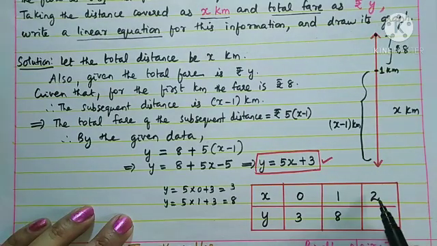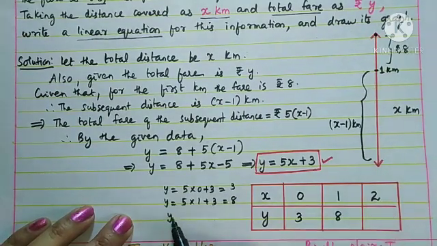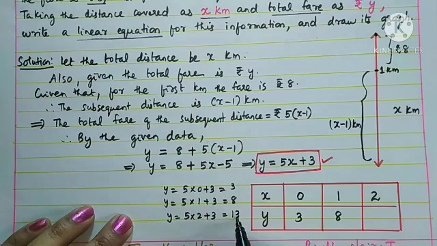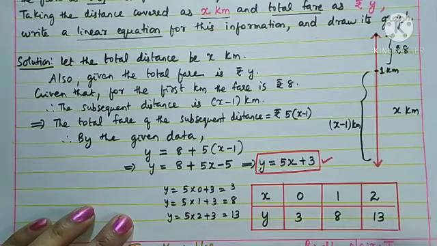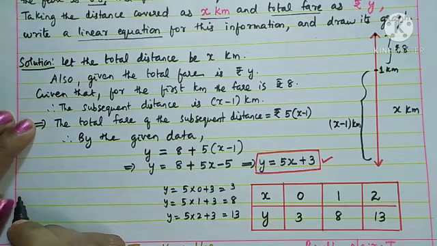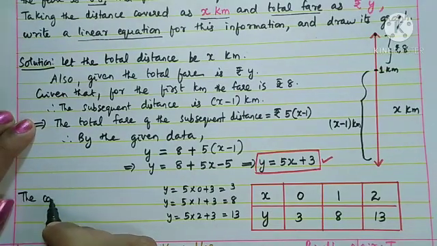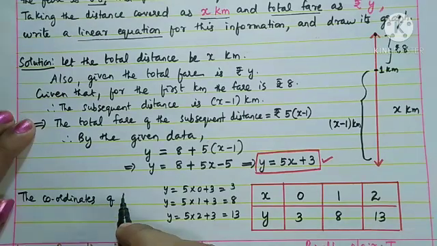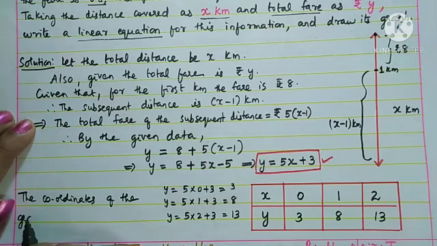Now the third one, when x is 2, what happens? 5 into 2 plus 3. 5 into 2 is 10, 10 plus 3 is 13. So when x is 2, y is 13. So what are the coordinates, or the points, of the graph?